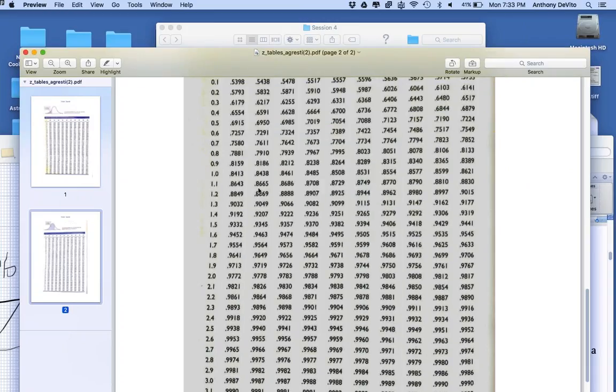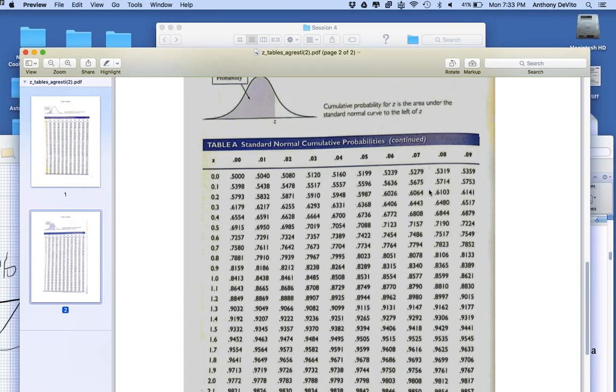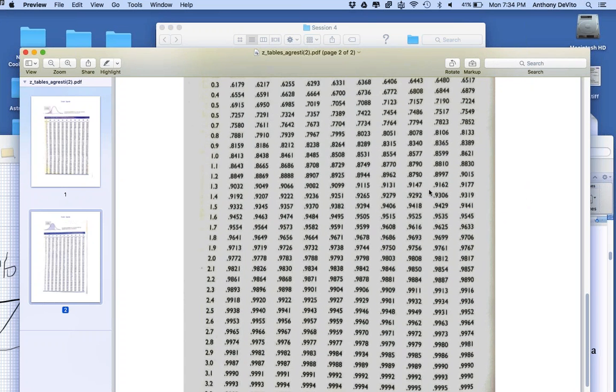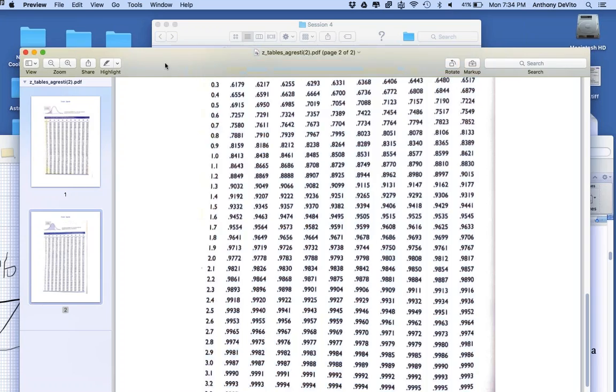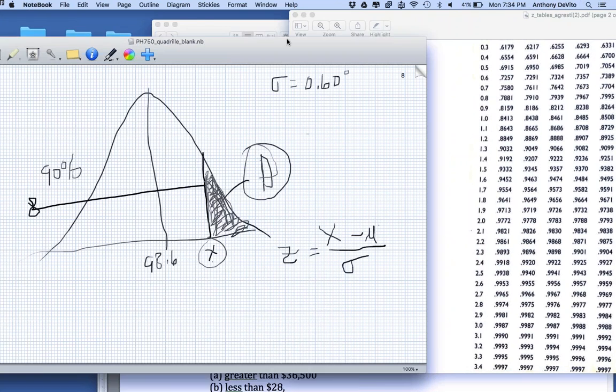So if I go in here, let's see, 89, 89, 89.8. So it looks like it's right here. It looks like the z-score 1.28 is the closest to that. So that z-score represents 1.28.